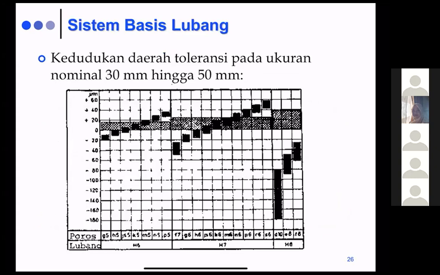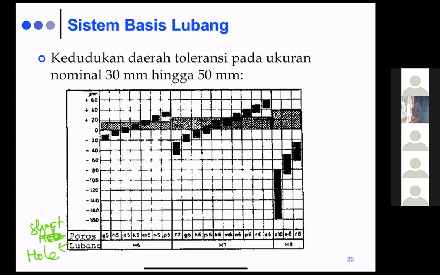Okay, so this is the tolerance for the nominal 30 mm to 50 mm. This is the tolerance for the hole, and also this is for the shaft, and this one is the tolerance for the hole.